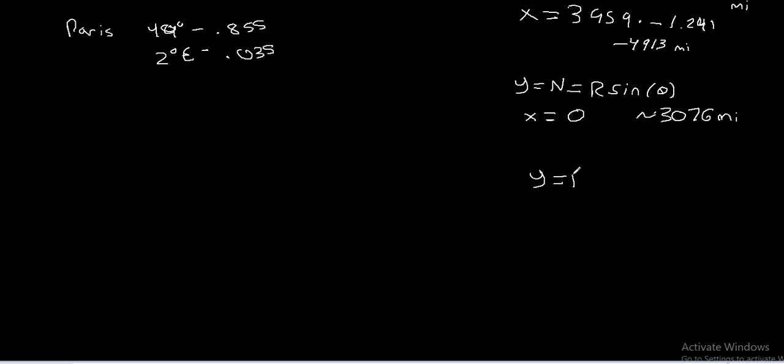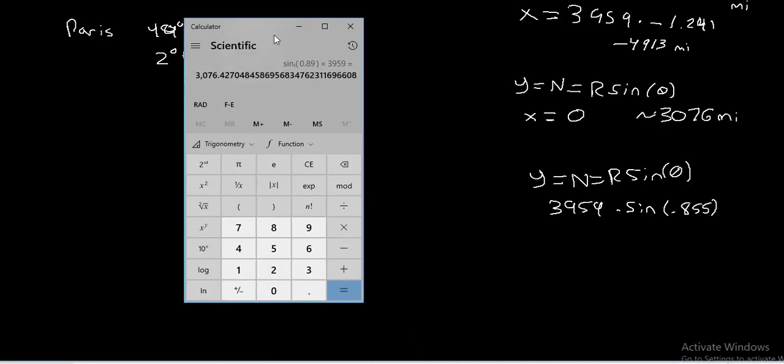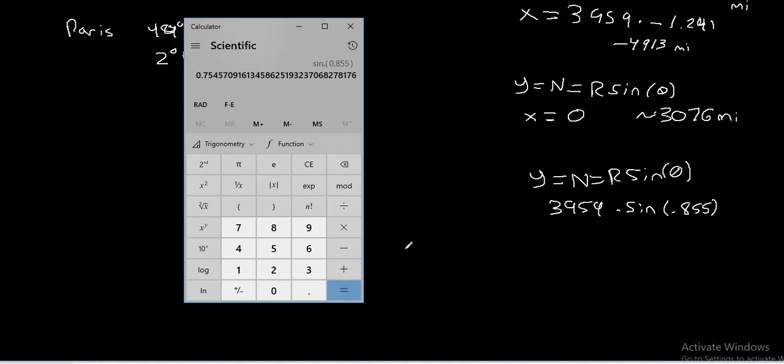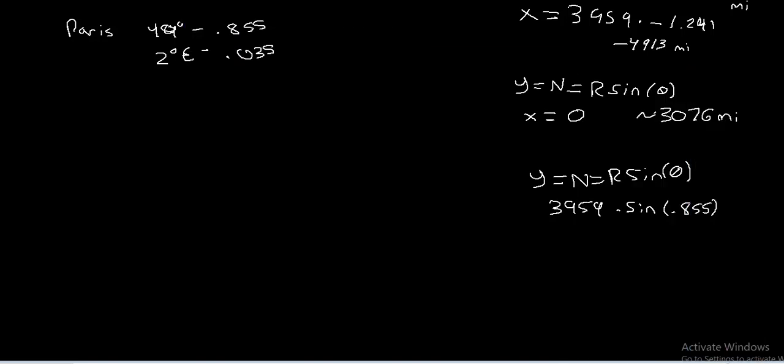Y equals our northing equals r sine of theta, so 3,959 times the sine of 0.855. Bringing over our calculator, 0.855, sine, we get 0.754. Multiplying that by 3,959, we get approximately 2,987 miles.